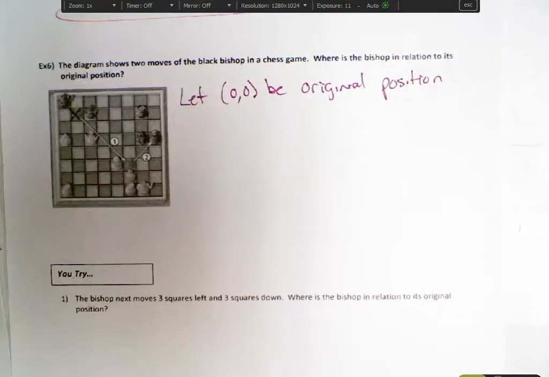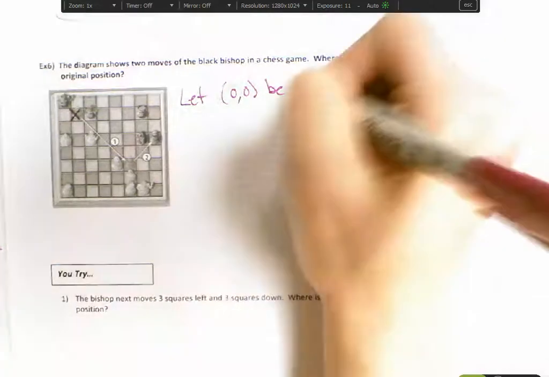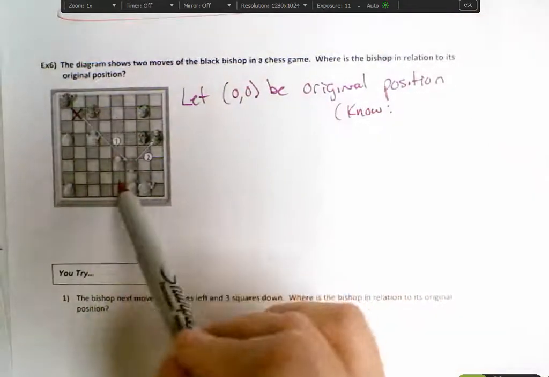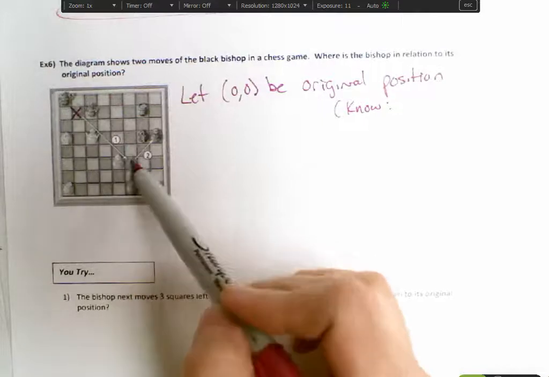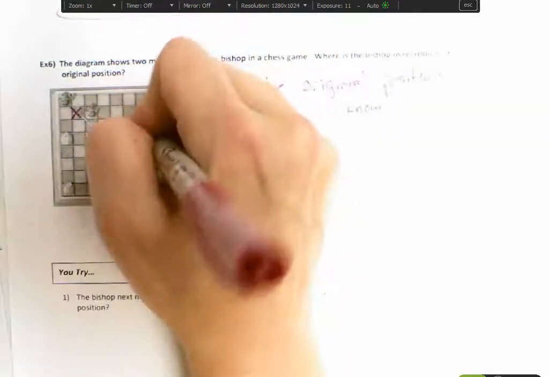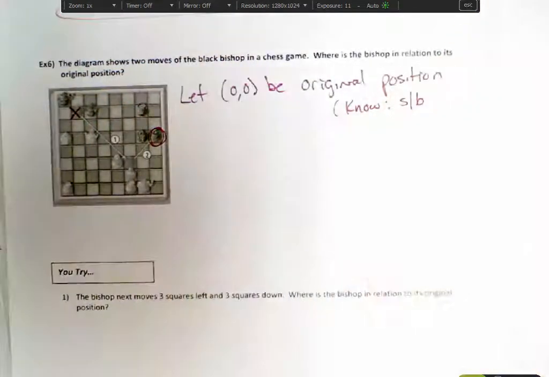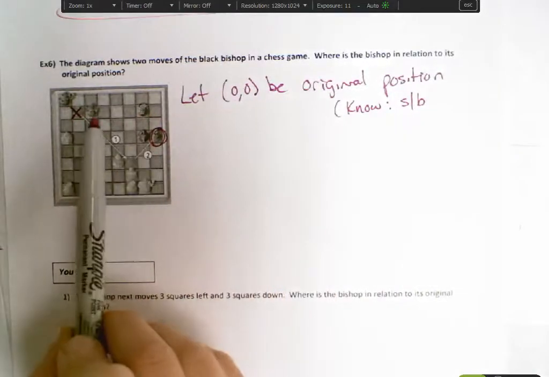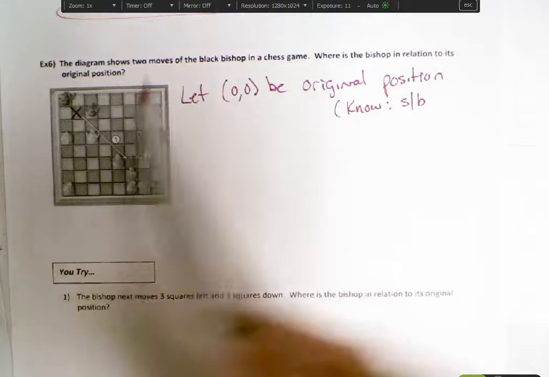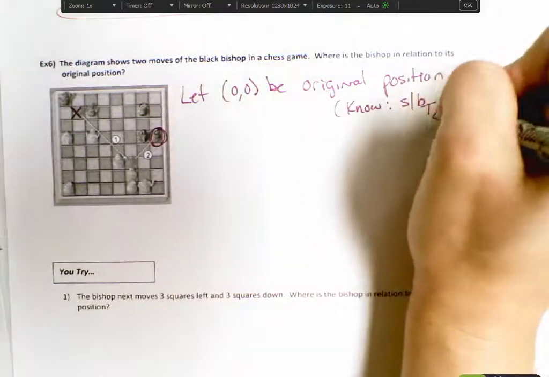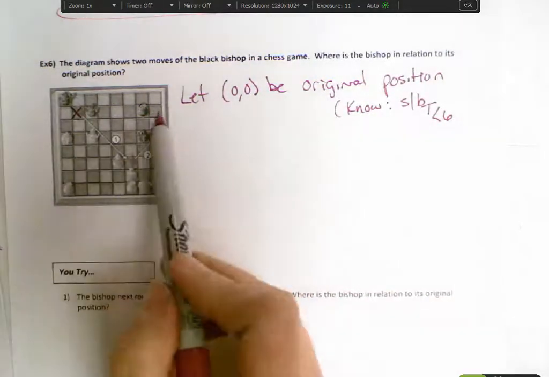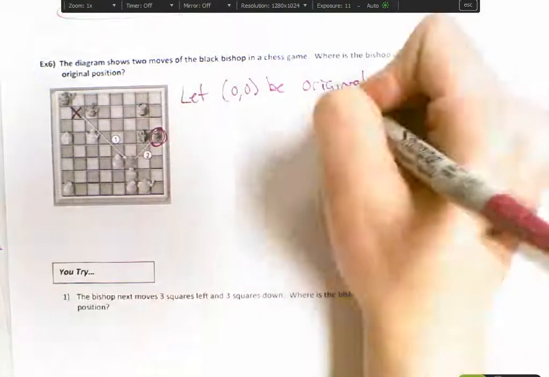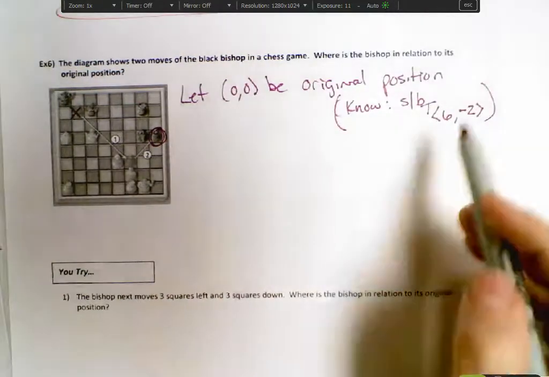Since we're practicing compositions, we know by looking at the graph that if they move here and then move here, ultimately it should be how far left or right and how far down. 1, 2, 3, 4, 5, 6. A translation of 6 to the right, so it's positive, and down to -2. Okay, so we know that's what we should get.